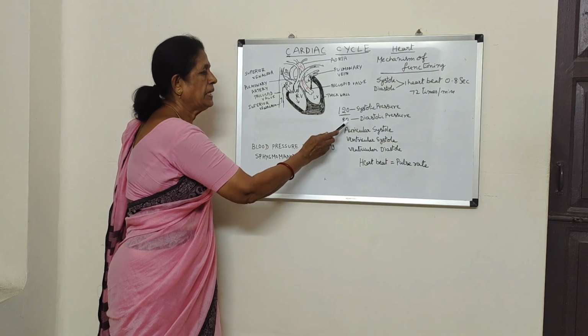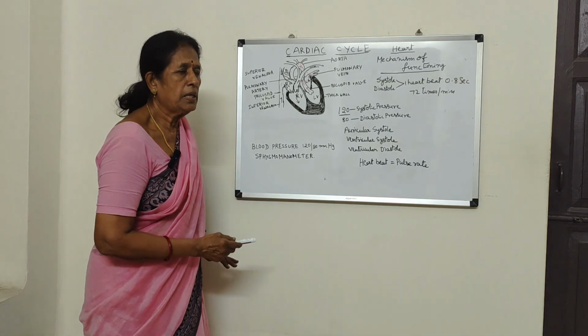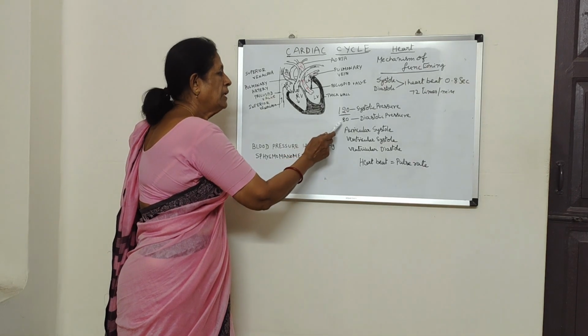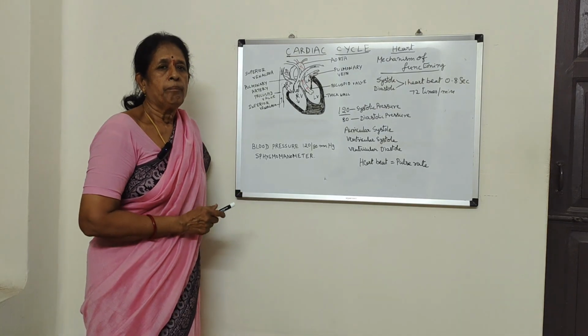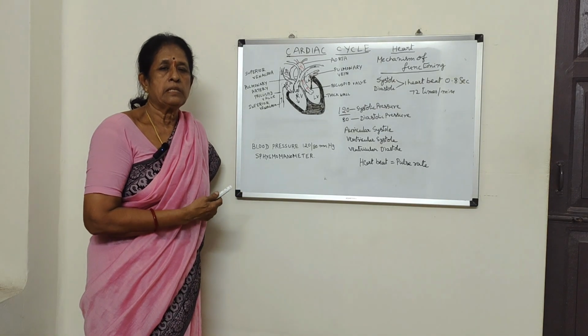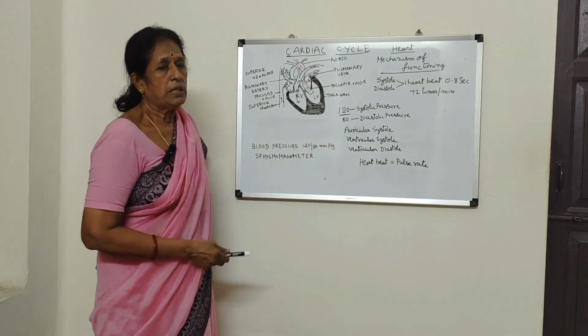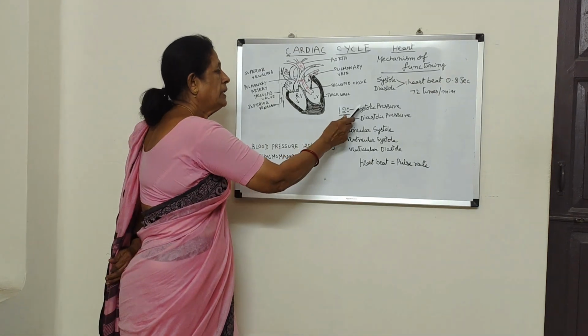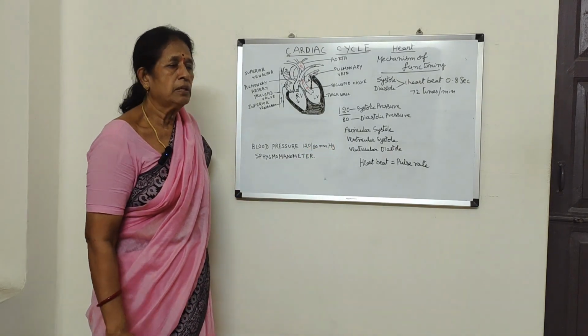Diastolic pressure means 80, the relaxed condition, where the pressure is comparatively less. A question may be asked: what is the normal blood pressure in a healthy human being? It is 120 by 80. 120 indicates systolic pressure, and 80 indicates diastolic pressure.